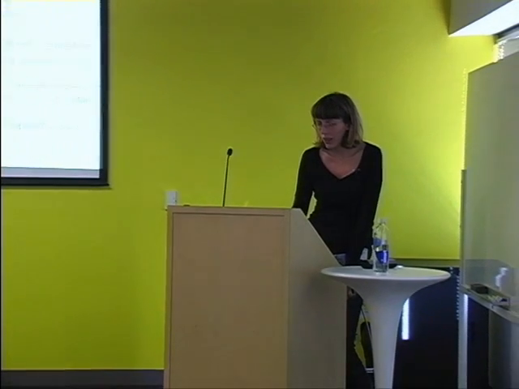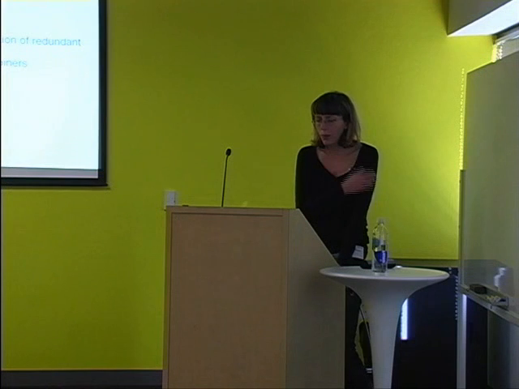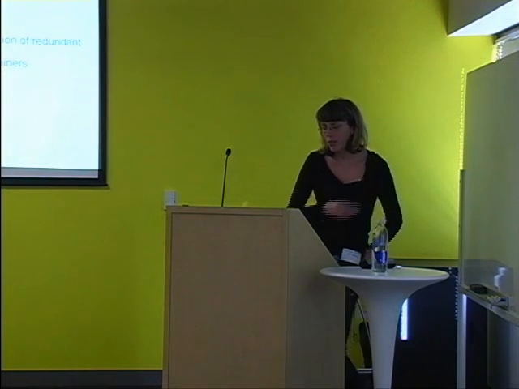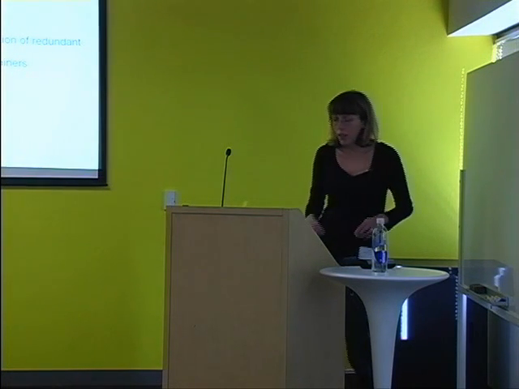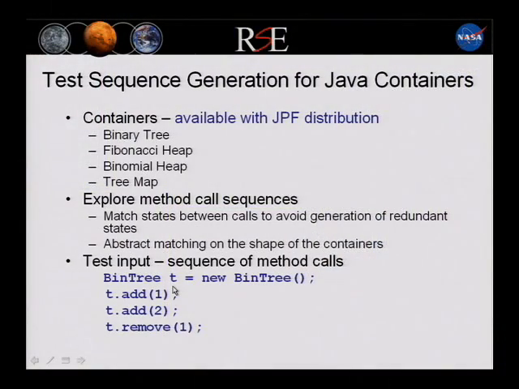Well, I had a question. When you do the test sequence generation, I didn't completely understand what the state was. Yeah, I went very quickly. Basically there we did something very simple. We created a driver for Java PathFinder that non-deterministically, for example, in this case, calls add and remove.